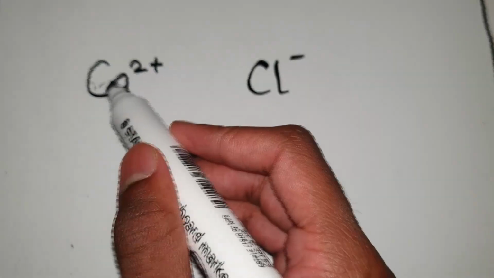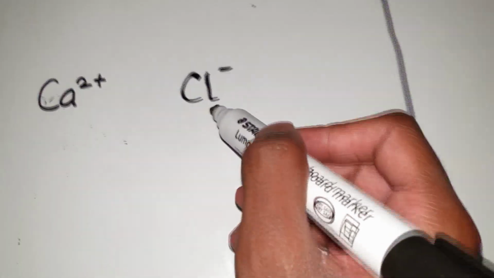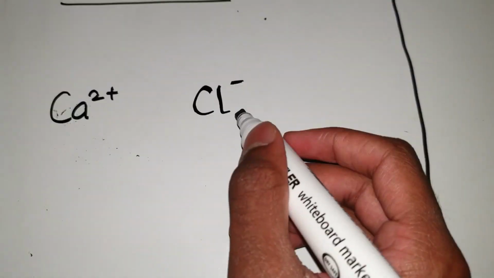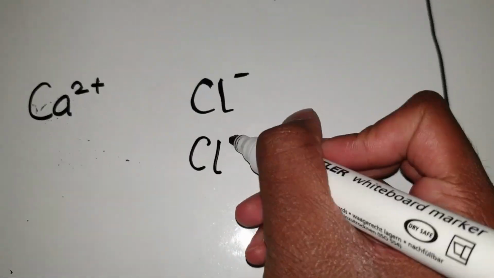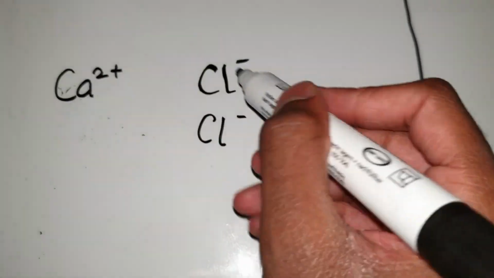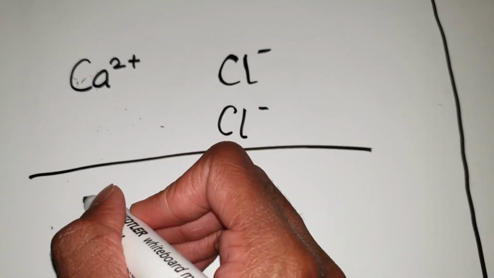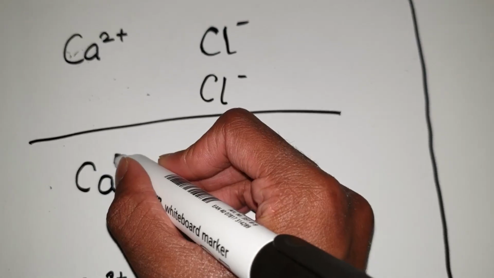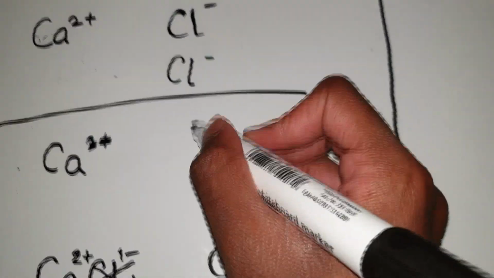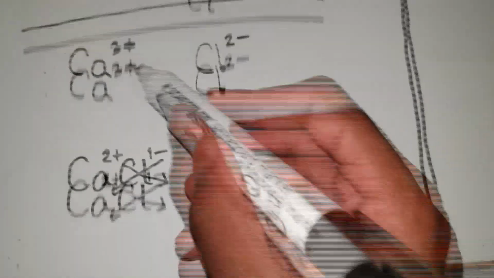So already calcium has a valency of 2. Now we can multiply the chlorine another time, so times 2, in order to get a charge of 2-. So now we have Ca2+ and Cl2-.